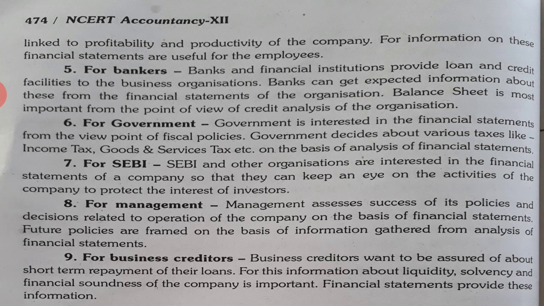In case of foreign trade, what relaxation has to be given and what restrictions have to be made. Moreover, in what amount the different taxes like import duty, export duty, custom duty, excise duty, corporate tax, sales tax and other taxes have to be levied on the companies. It is decided by the government after seeing the financial statement of a company.